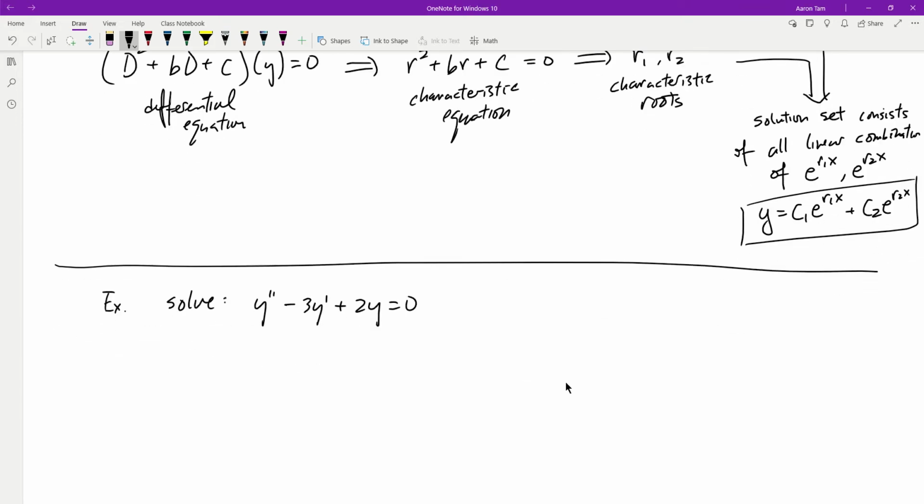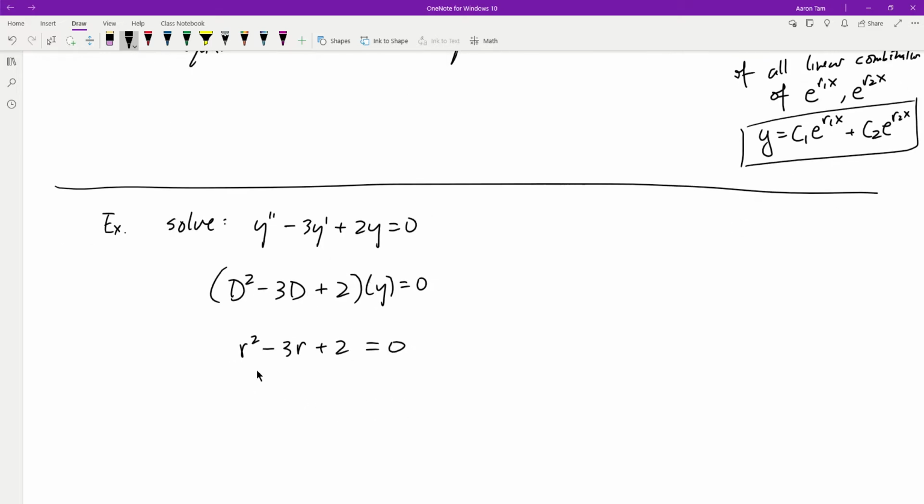What we're going to do is go through the same process. I'm going to first rewrite it into differential operator form, and then rewrite it into my characteristic equation. This equation is extremely easy to solve.